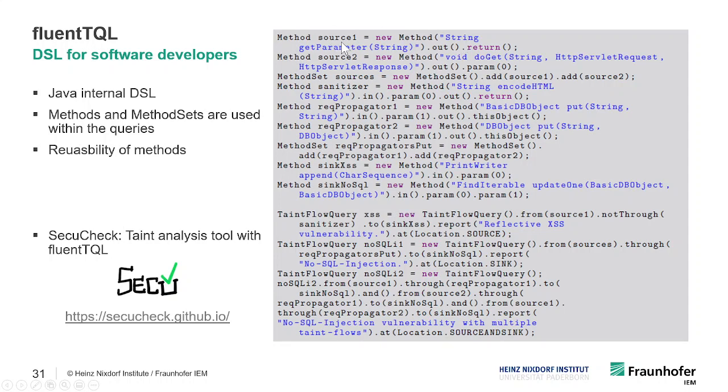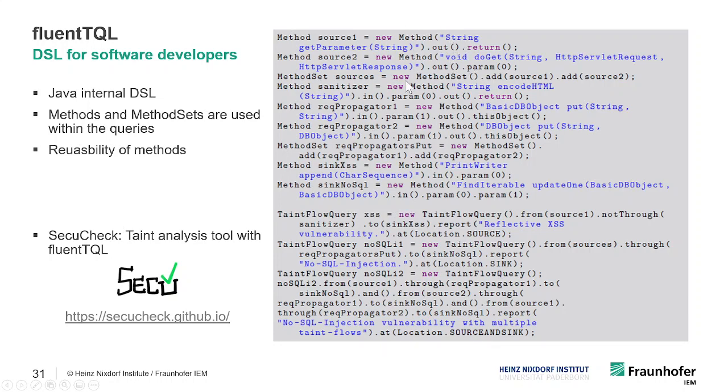We have an example here of source1, which is getParameter. We are saying that the out, so the information flowing out of this method, is relevant for us, and that is the return type. So the return value of getParameter is what we are going to taint in our analysis.